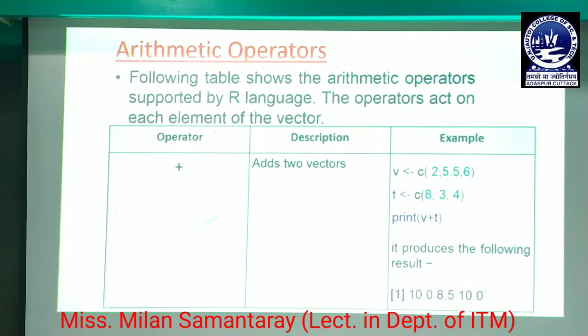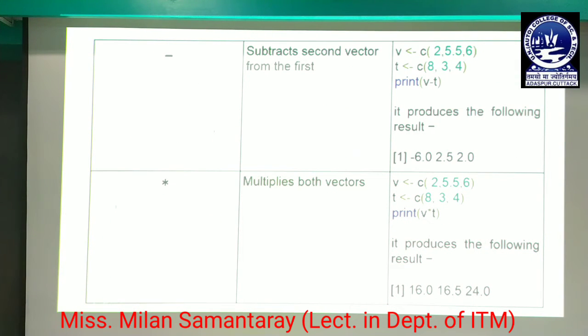Next we will discuss another operator, the minus operator, and the operation of this operator is basically to subtract the second vector from the first. You have to write the vectors in the sequence you want to subtract, so that t is subtracted from the vector v.